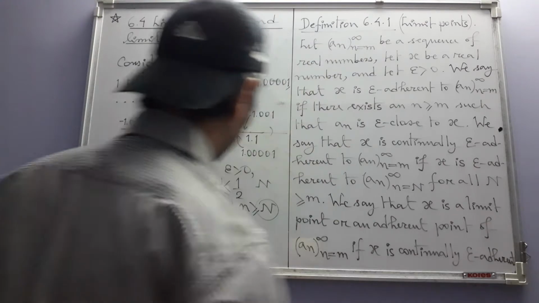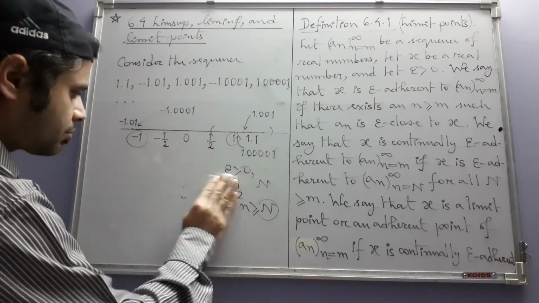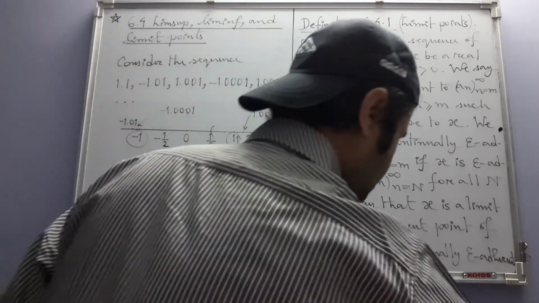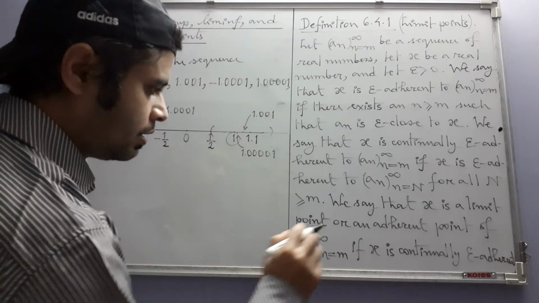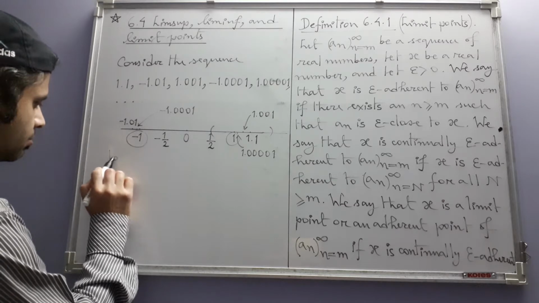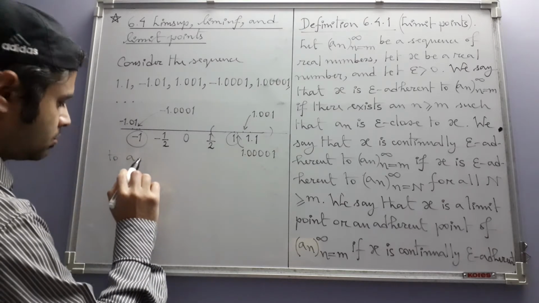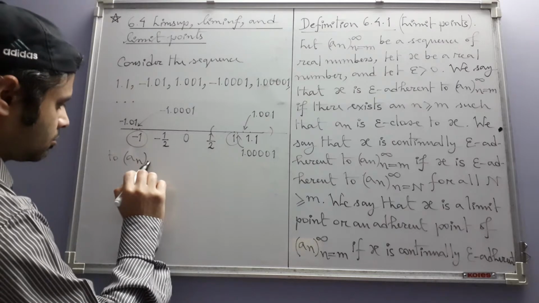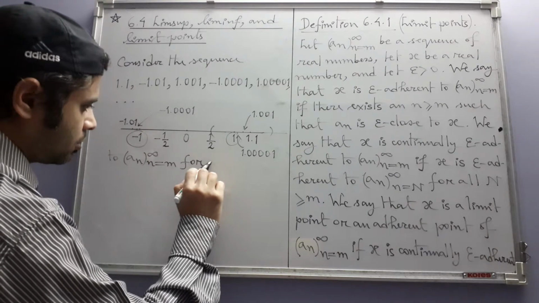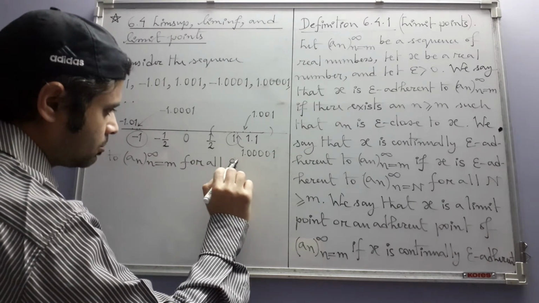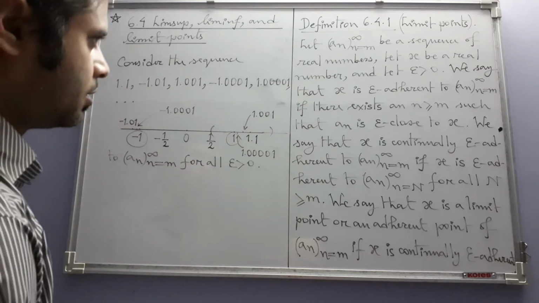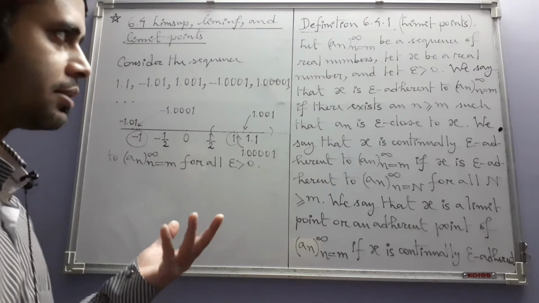Let me continue from here. x is continually epsilon adherent to the sequence for all epsilon greater than 0. So let us now try to understand what this thing means.